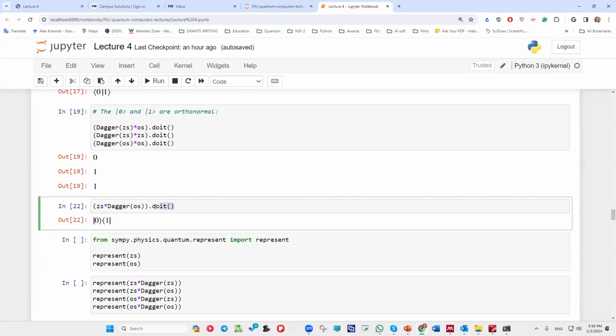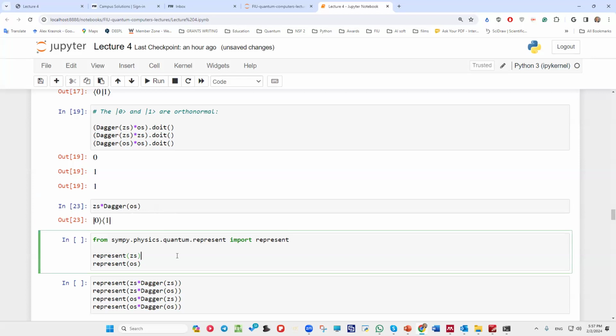Anyway, using these qubit operators and dagger, we can form elements like this. So this is the outer product of two vectors. Sometimes we need to change from vector representation to matrix representation.